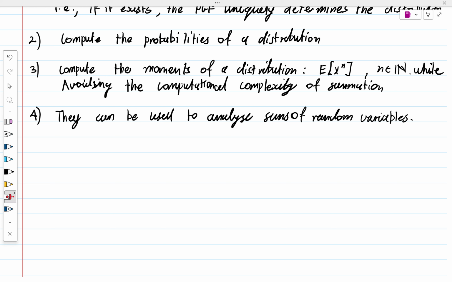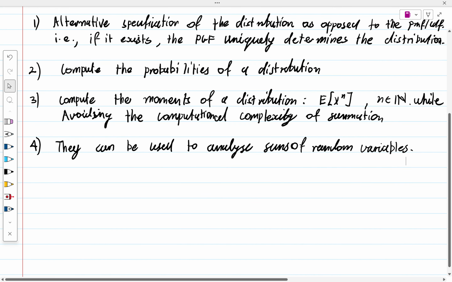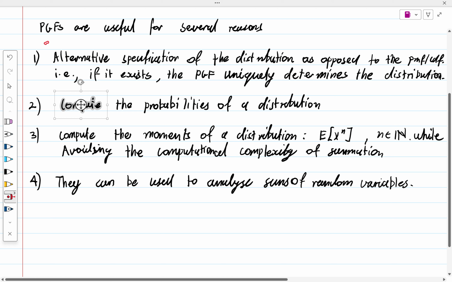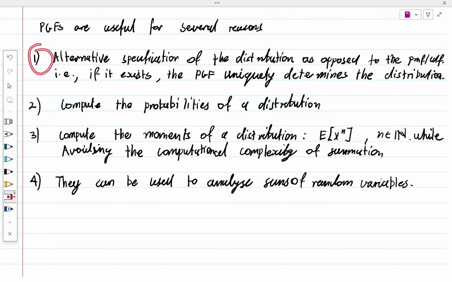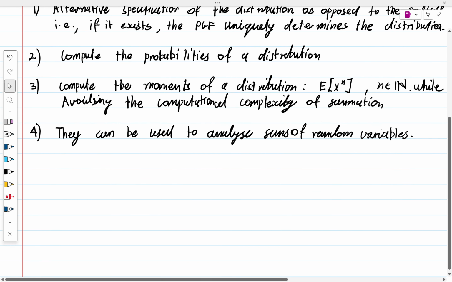Because for independent random variables, when we sum them up, PGFs actually allow us to determine the distribution of the sum without using our methods of convolution. And that's a very powerful property. I'll go into that one, of course, in a separate video, but for now, let's focus primarily on point 1, that it is an alternative specification of the distribution.